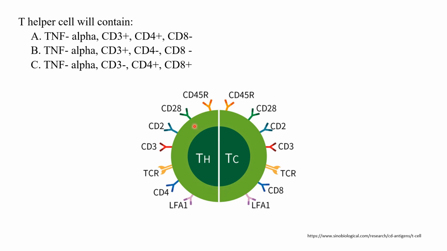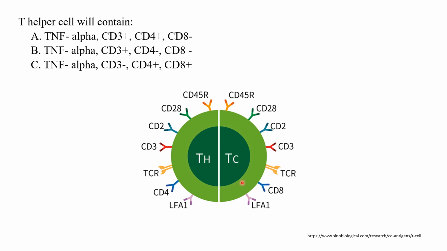Now, TH cells or T helper cells have CD3 and CD4 markers on their surface. CD3 markers are not unique to T helper cells since they are also found on TC cells. CD4 markers, however, are extremely unique to TH cells.